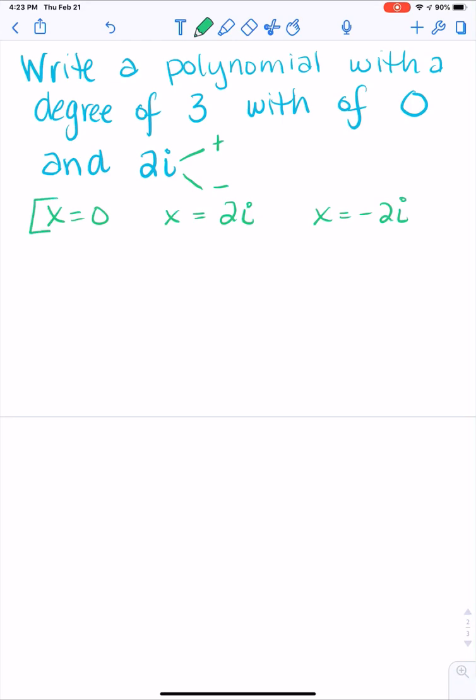Now this one is the only one that's good to go because it has 0 already. We've got to get the other ones to equal 0 so we can multiply them together. So if this is positive 2i, it's going to be minus 2i. If it's negative 2i, it's going to be plus 2i.